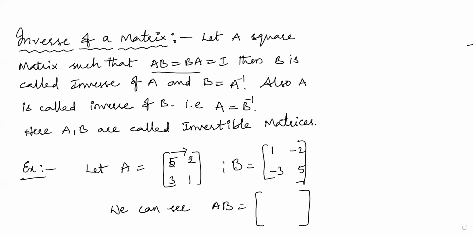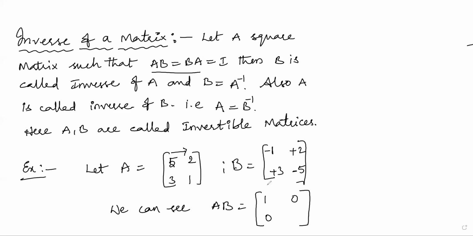We get minus 5 plus 6, which is 1. Next, 5 times 2 minus 10 is 0. Then minus 3 plus 3 is 0.